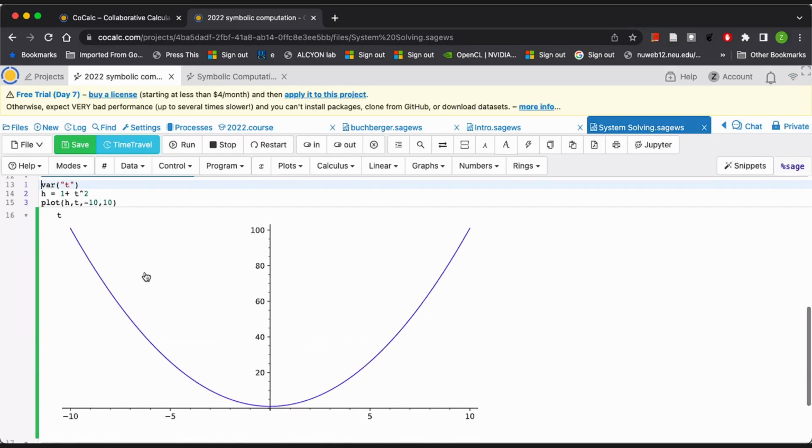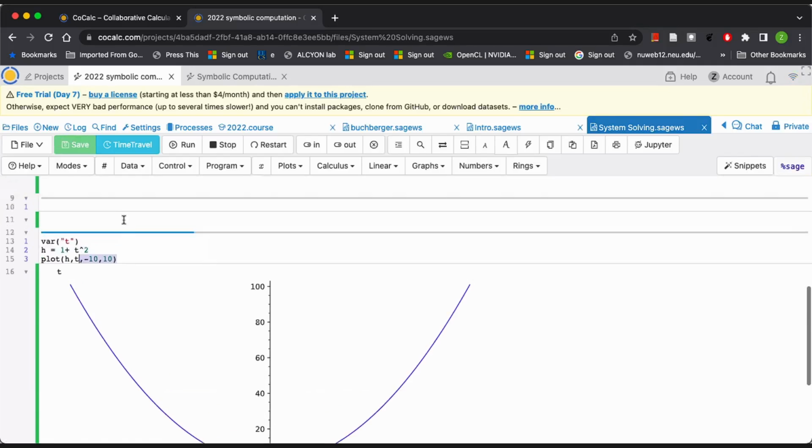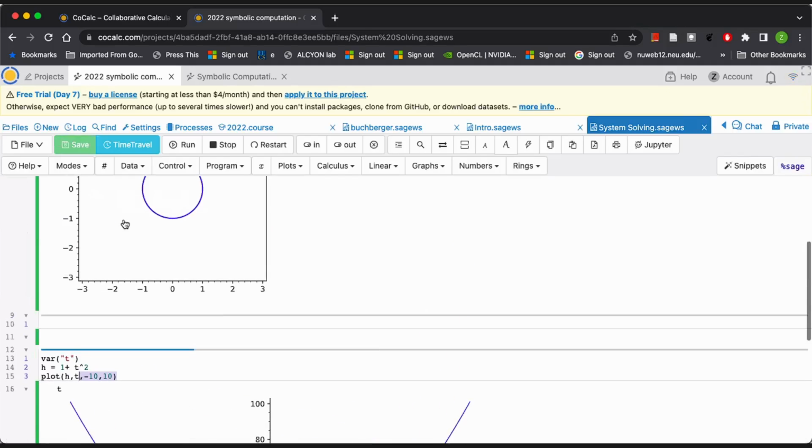So this is a parametric equation. So I have a parameter, and as I run the parameter through the range, it gives me values for both x and y. X is t, y is h of t, right? So this is a different way to plot a curve.